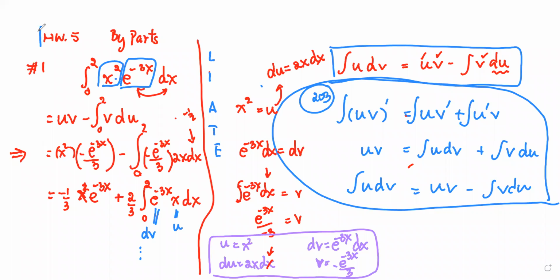All right, so this is one of the ways to do the first problem, and I call this the traditional way. Another way, if you already check out the notes, I'm going to repeat the problem. Okay, number 1, integral from 0 to 2, x squared e to the negative 3x dx.